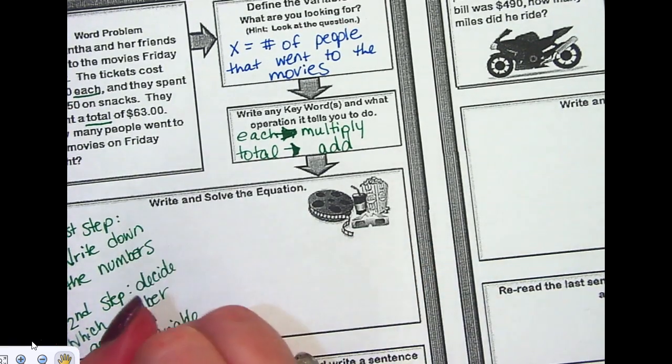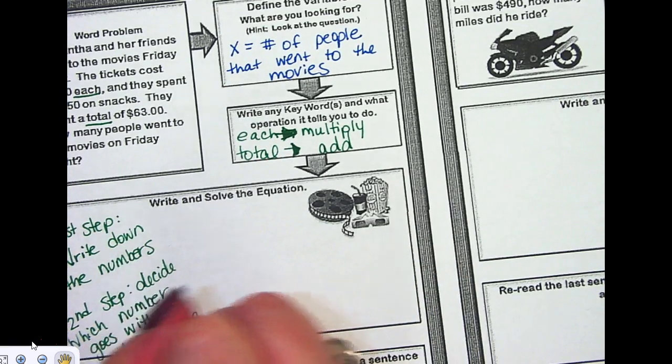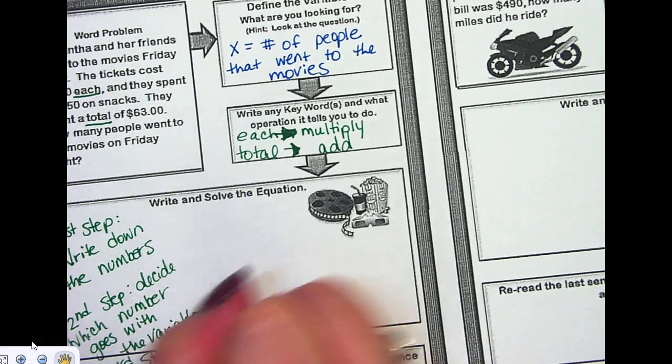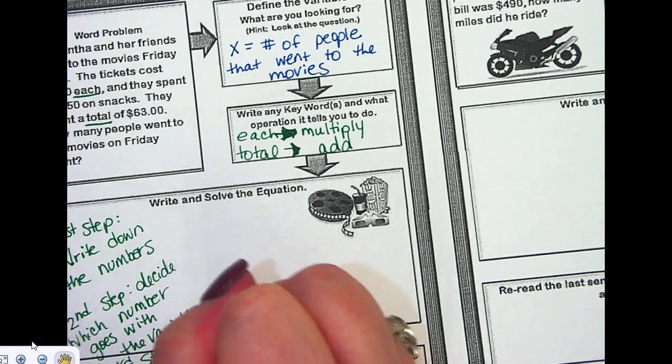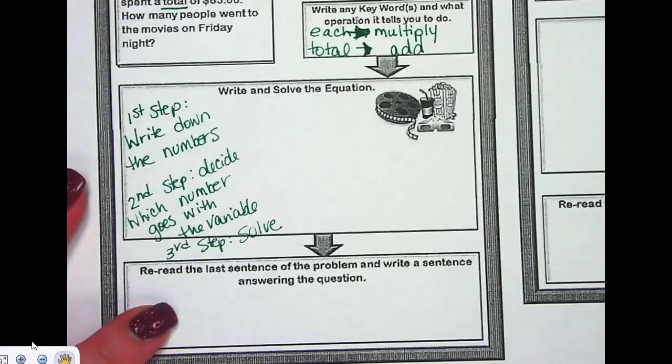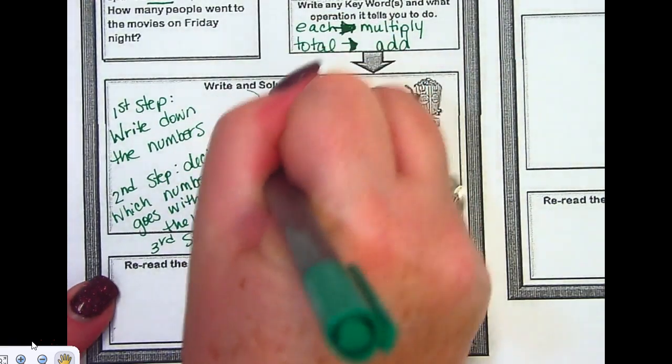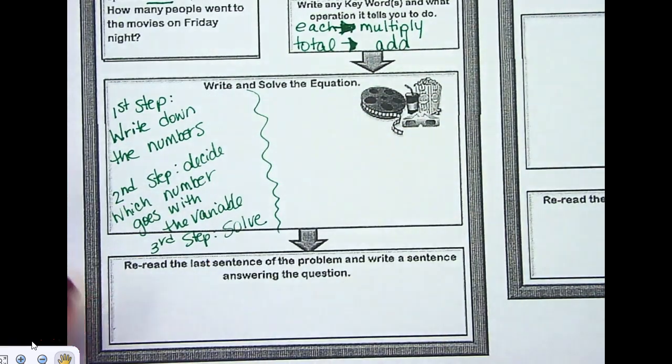And then step 3 is just solve. First step, write down the numbers. Second step, decide which number goes with the variable. Third step, solve.